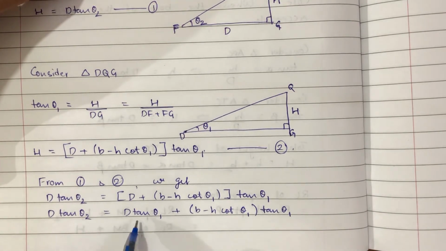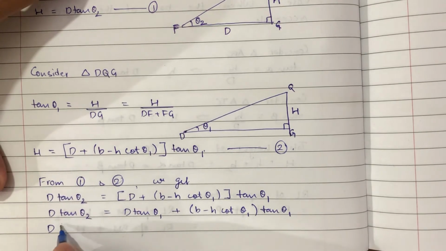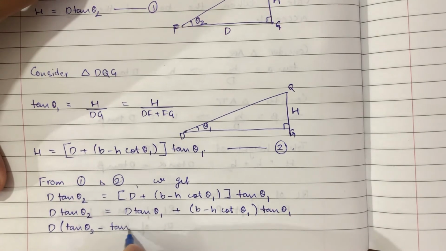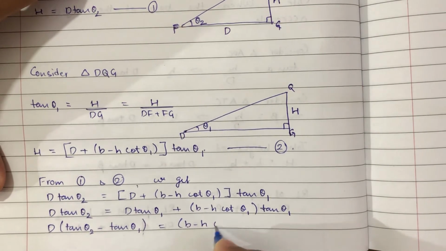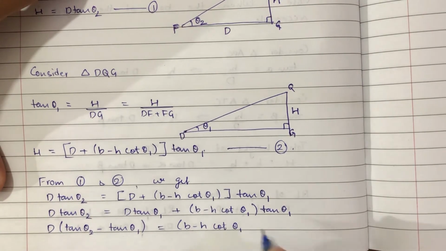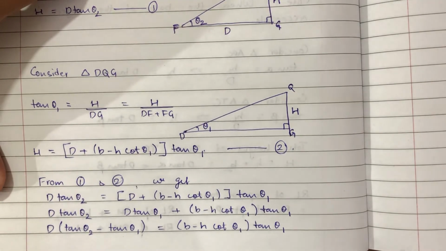Now if we send this d tan theta 1 over here, this will become minus d tan theta 1. So this will be d into (tan theta 2 minus tan theta 1) is equal to (b minus h cot theta 1) into tan theta 1.